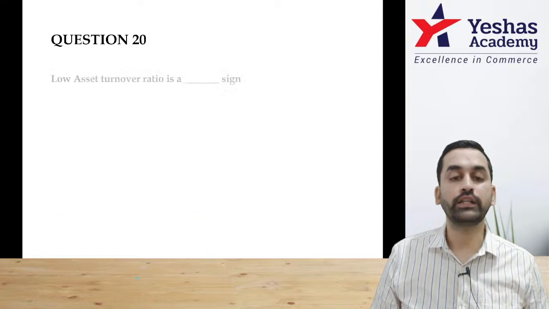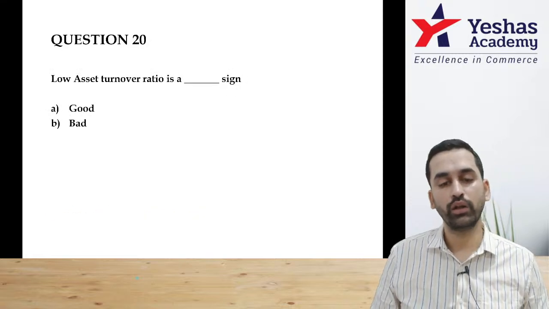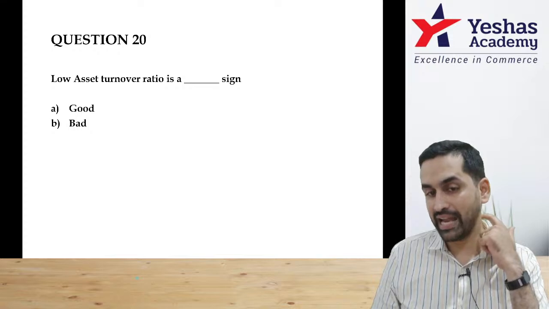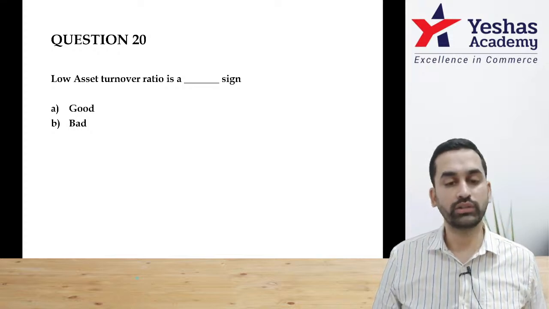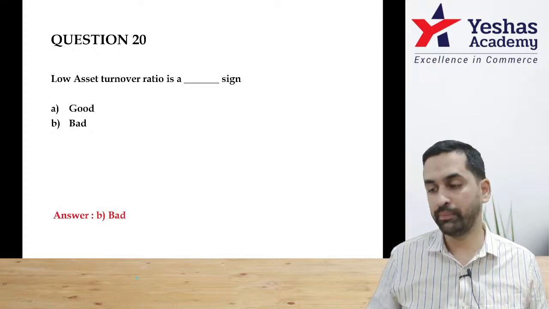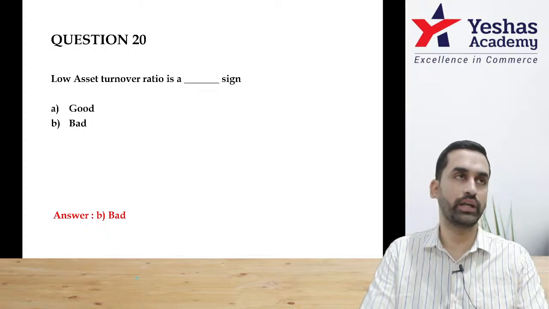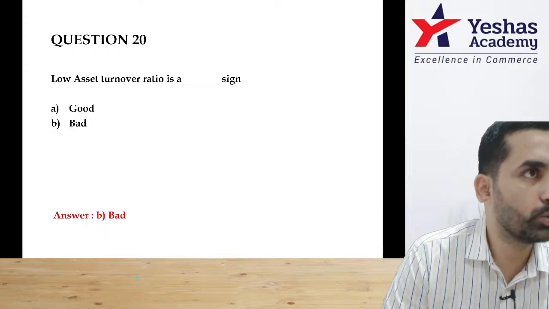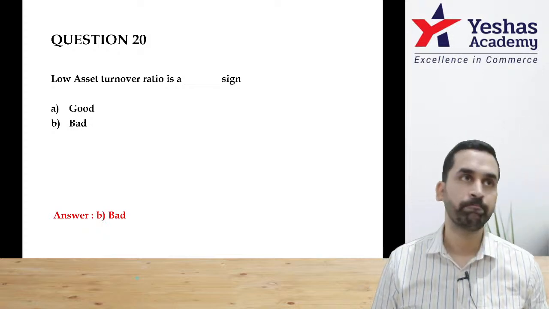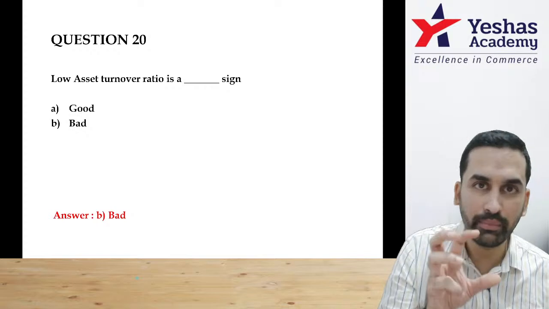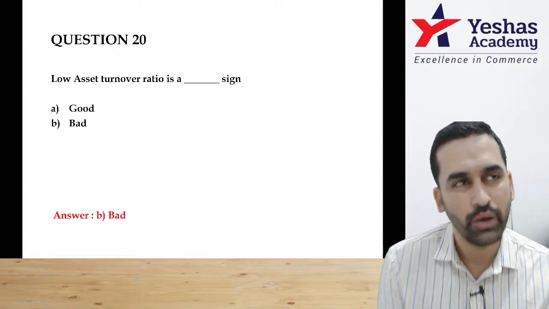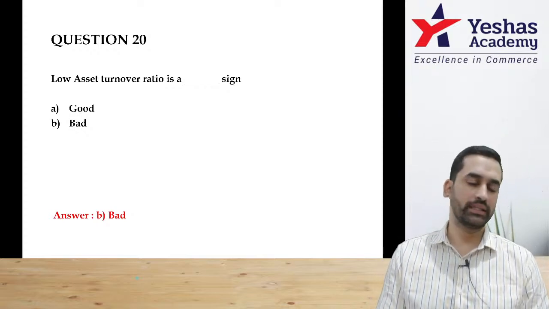Let's move on. Question 20. Low asset turnover ratio is a dash sign. Good sign or a bad sign? Sir, it's a bad sign. First understand what this formula is. Low asset turnover ratio means turnover divided by asset is very less. What is the meaning of turnover by asset?